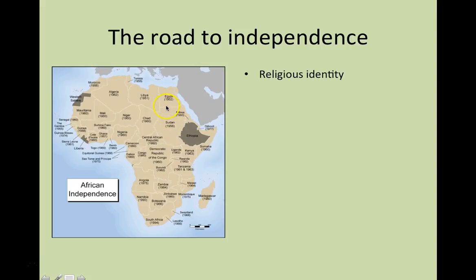The northern part of Sudan is dominated by Arabs, by the Arabic language. The western part of Sudan, or the region called Darfur here, which extends over into Chad, practiced an indigenous African form of Islam, and so historically there was a divide between this part of the Sudan and this part of the Sudan, just as there was a divide between the northern part of Sudan and southern part of Sudan.